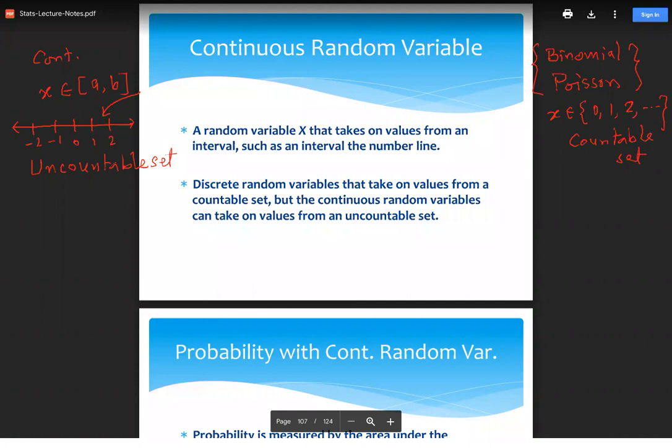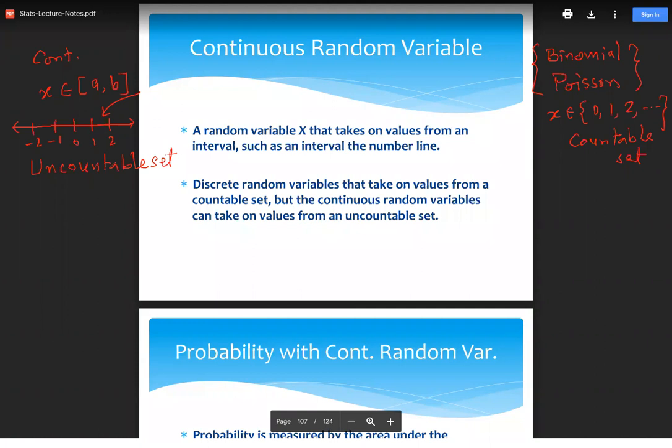For our discussion, we'll stick to real number lines, but in a more general context it is defined on another very advanced concept of mathematics, which is called measure theory. And probability is intrinsically tied with measure theory, but that's way beyond the scope of this class. So we are going to just talk about real numbers.